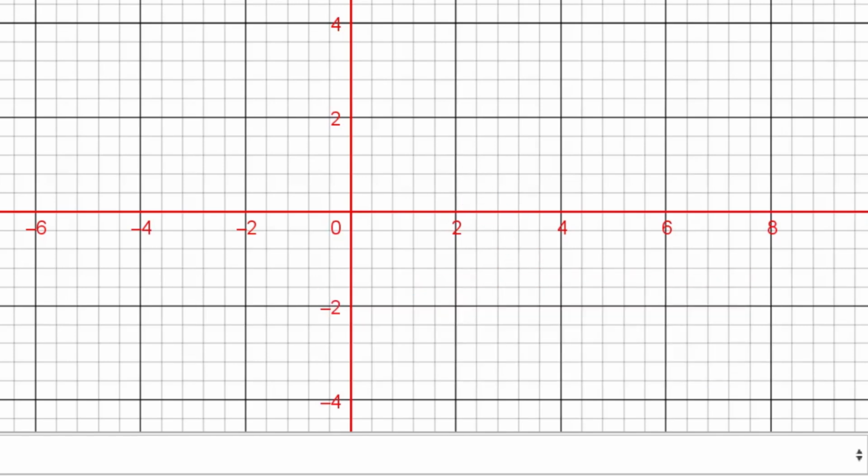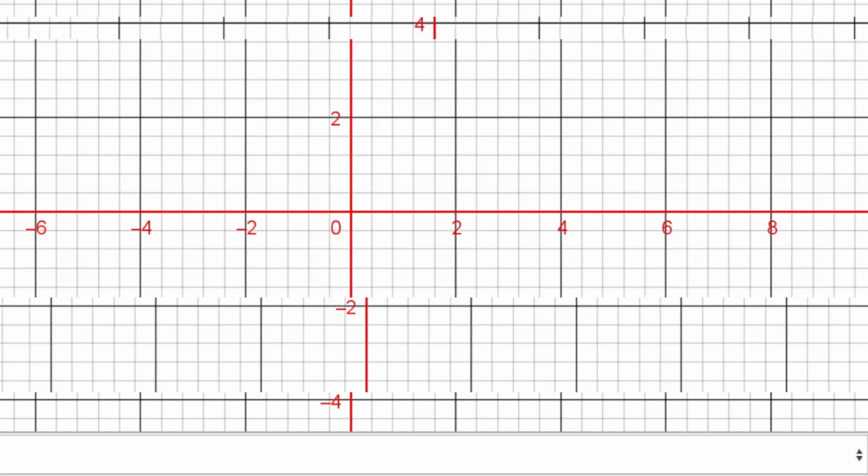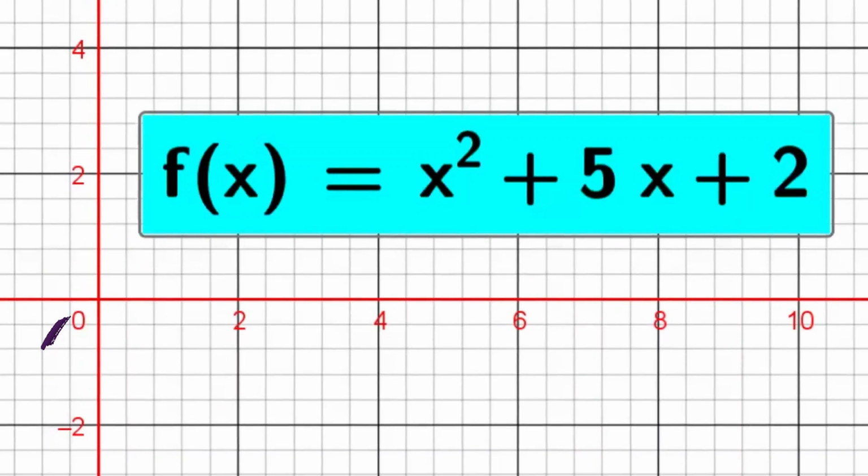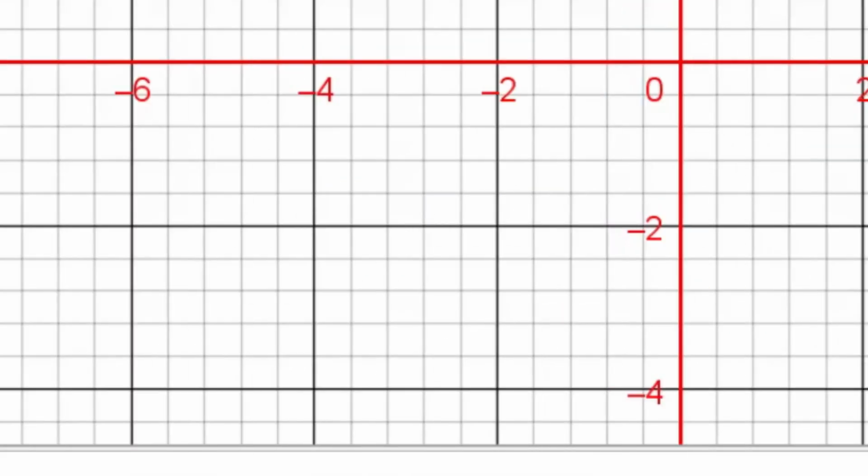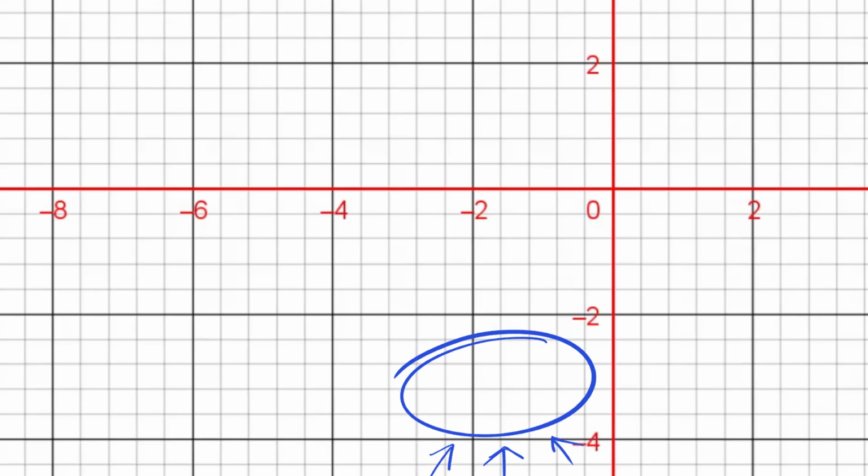Let's move on. If you are given this equation, f of s equals s squared plus 5s plus 2, and after drawing this function, you are asked to find the gradient or the slope at a point where s is minus 2 and y is minus 4.